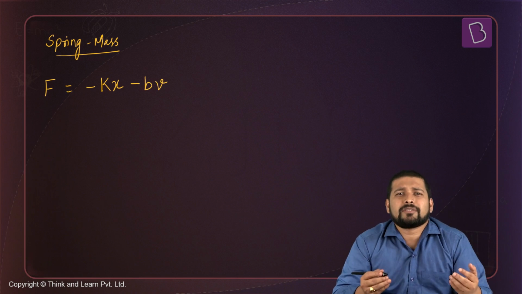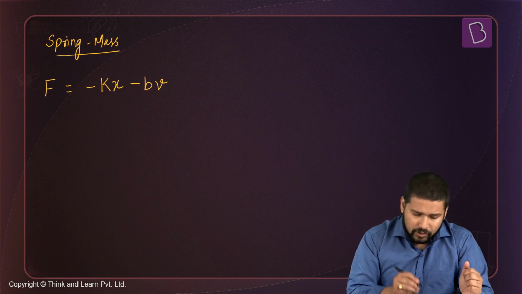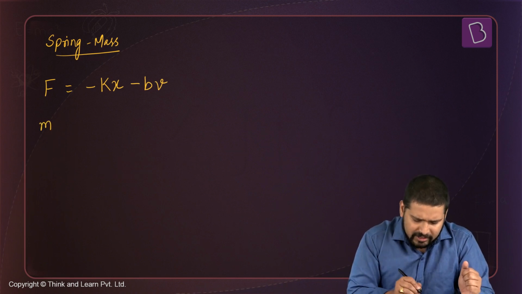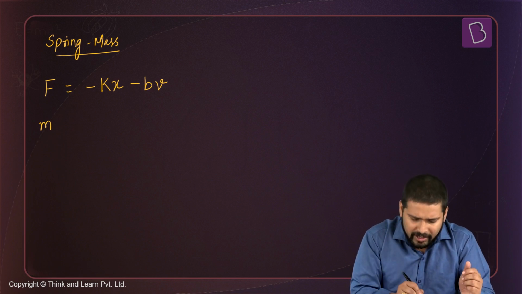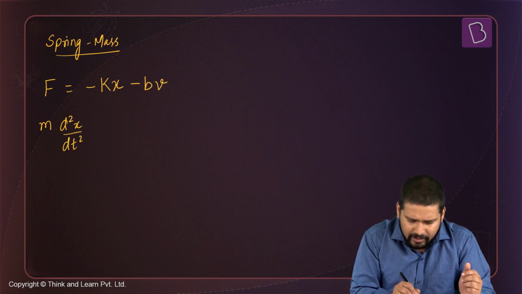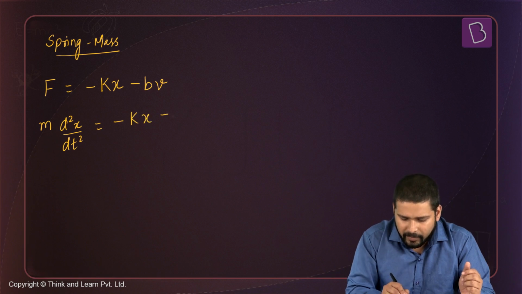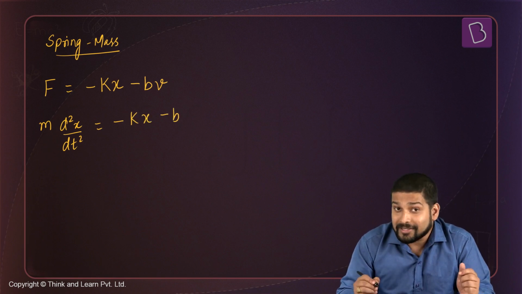Now I need to express this in terms of a differential equation. So force can be written as mass times acceleration, and acceleration is nothing but double differentiation of the displacement. So I'll write it as m d square x by dt square is equal to minus kx minus b v, and v can be written as dx by dt.